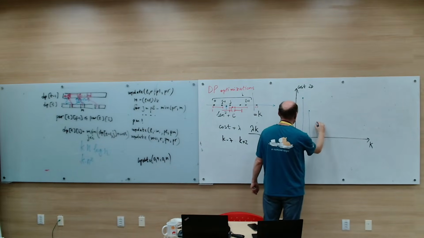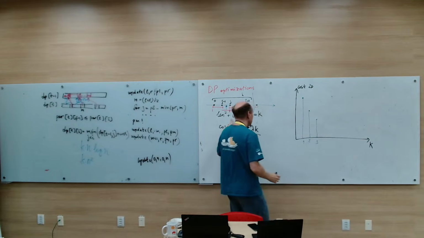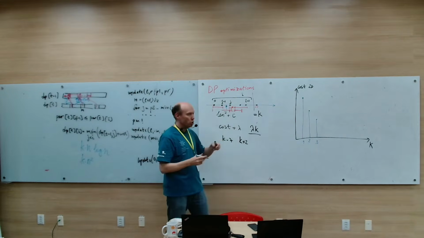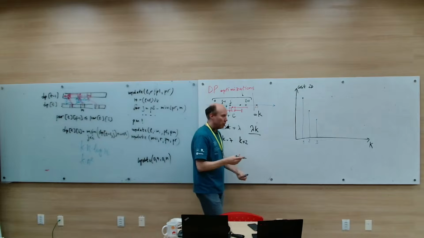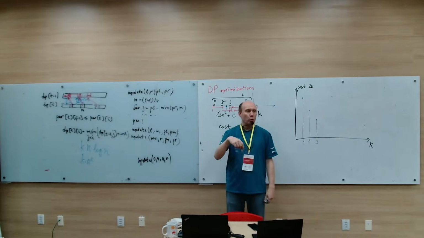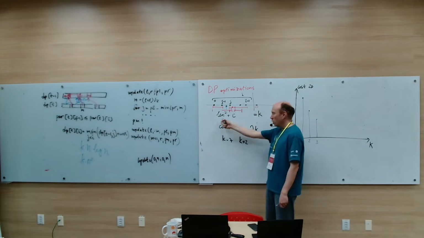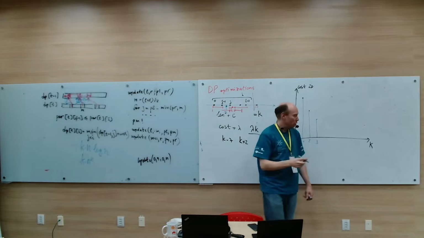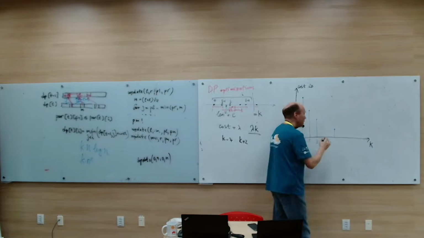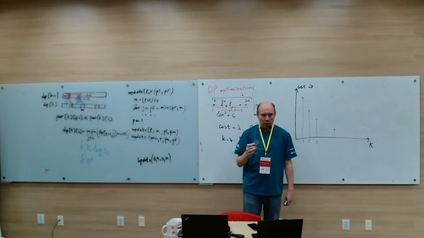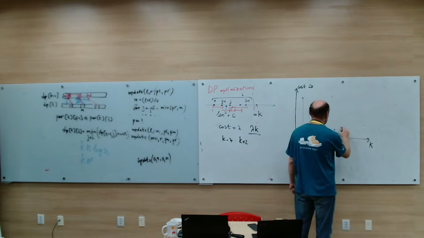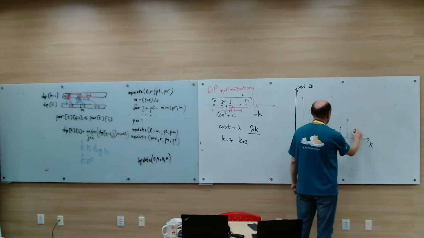Or three. Then at some point the C starts to matter, and then it starts growing, because this C overcomes this square member. So at some point we have the minimum of the one-dimensional problem, and then it starts to grow because C starts to matter.